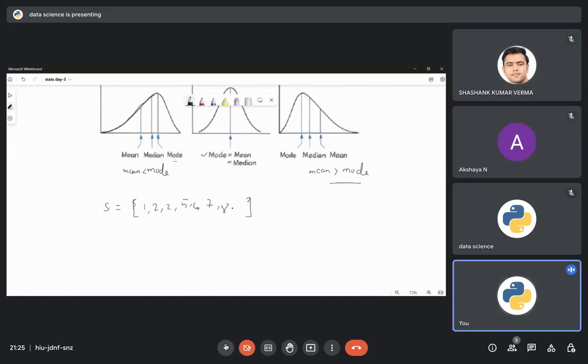Anyways, guys, are you able to calculate the mean, median, mode for this data? Quickly, you have the Python code, or else you can calculate by mathematics as well, as you wish. Please calculate the mean, median, mode. It's a very simple mathematical formula.